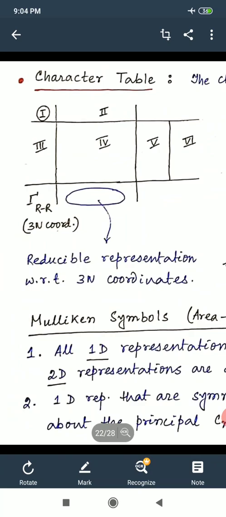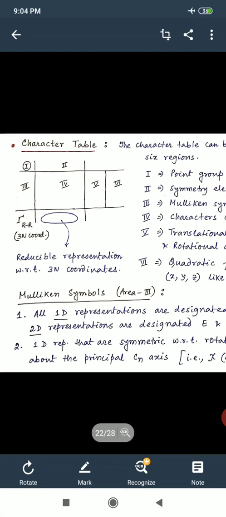In region number 3, we are writing the irreducible representation in Mulliken symbol. In region number 4, we are writing the irreducible representations. In region number 5, we are mainly writing the translational and the rotational notation, and in the 6th region, we are writing the quadratic functions. Then I have told about the Mulliken symbols.